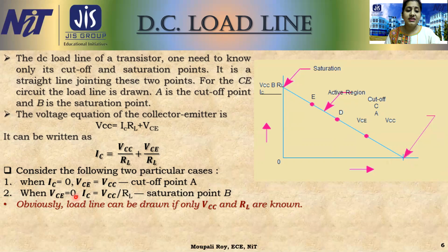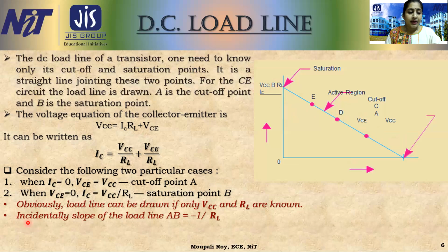And when VCE is 0, IC equals VCC by RL, so after calculating VCC by RL, whatever value we get, we mark there as the B point. After getting these two points, we connect a line, and this is called the DC load line.